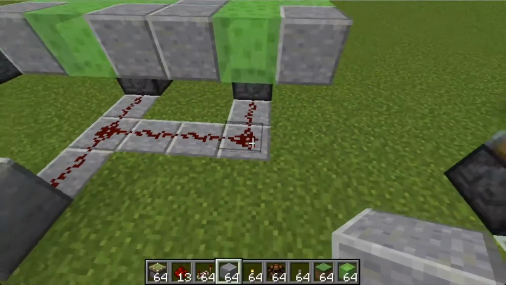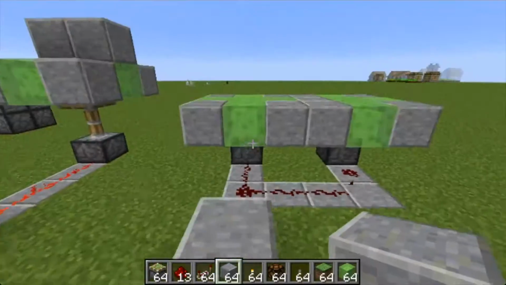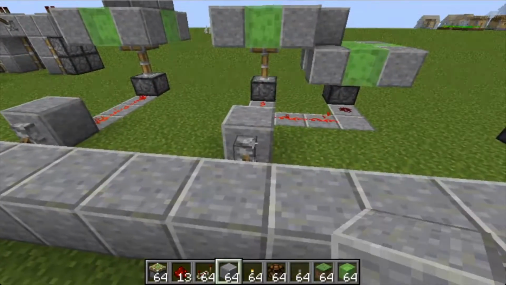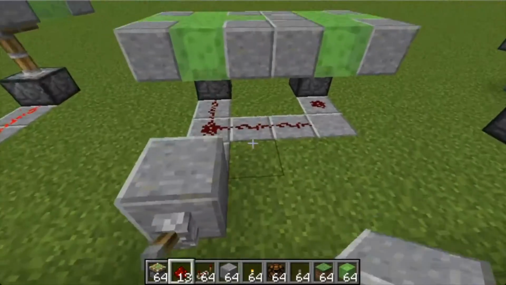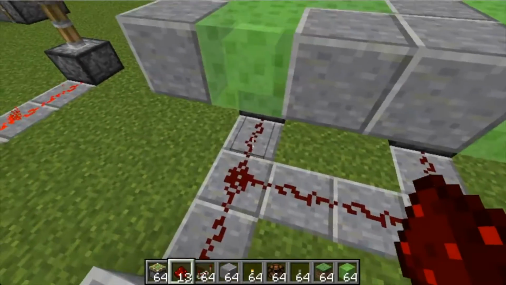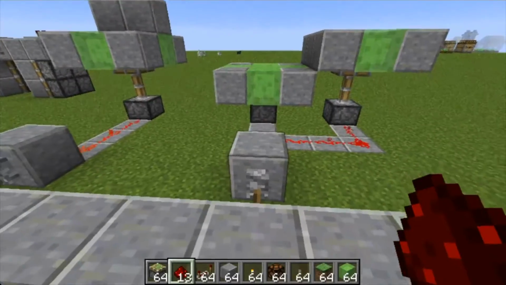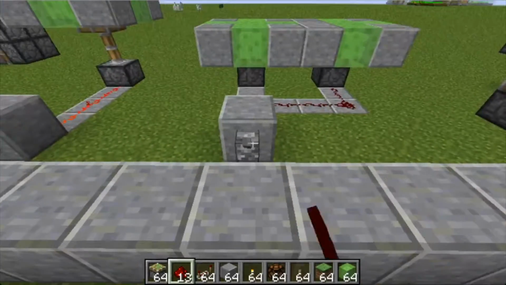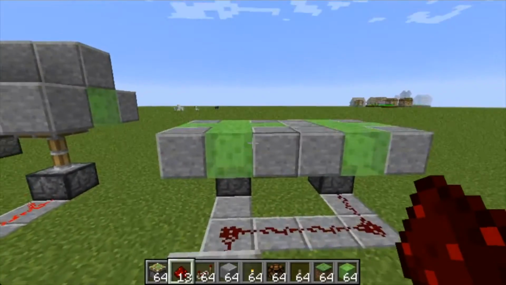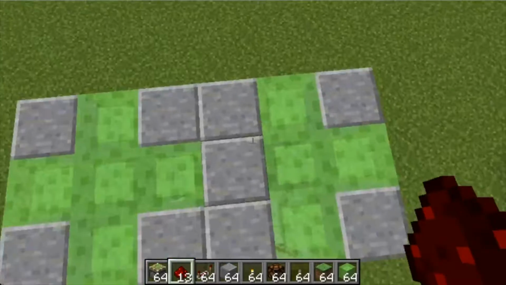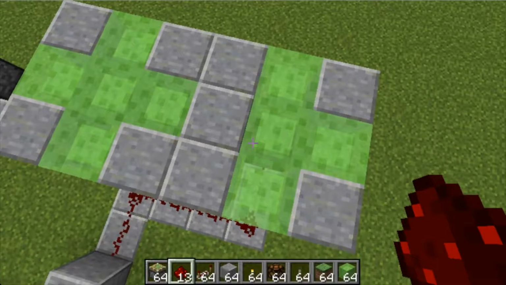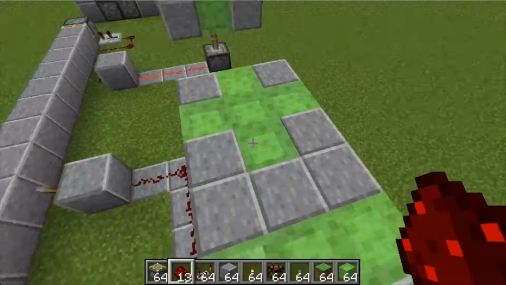And actually, another interesting thing with that, that one block that we replaced will extend with this one, but it will also extend with this one. So whichever slime block moves will take anything attached to it, even if there's another slime block also attached to it.